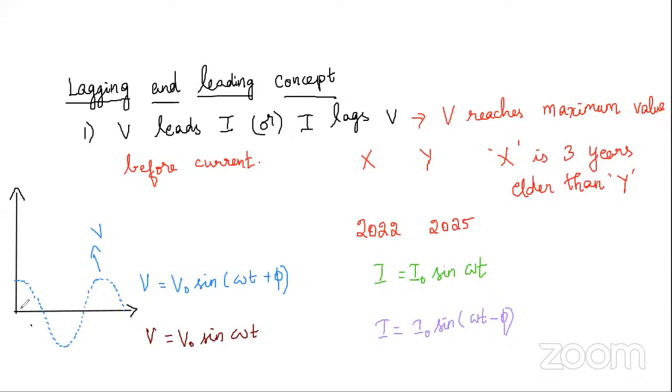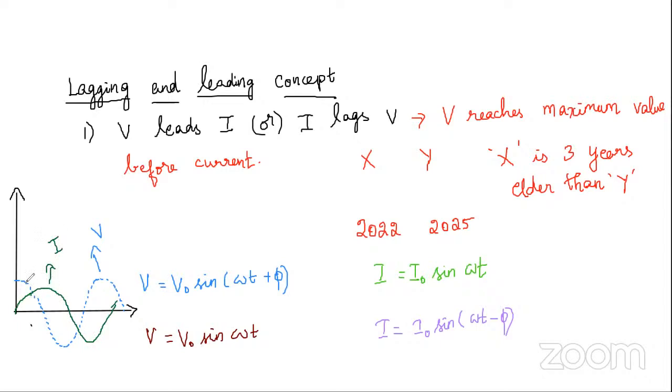Your current actually varies like this. This is current.